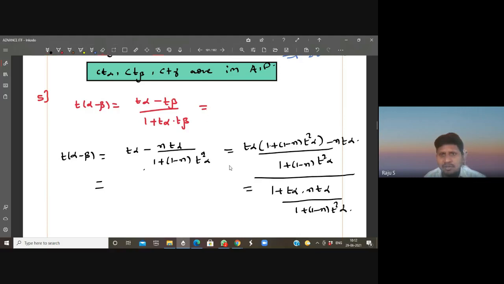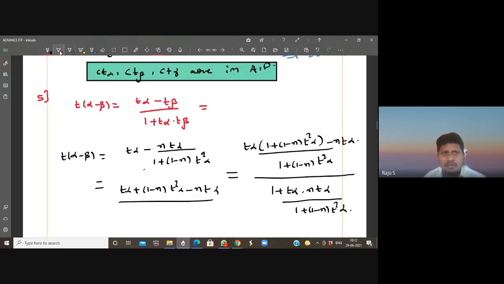Students, all of you simplify this. This is what we got. Then take LCM in the denominator also. So when I multiply here, same as we wrote, tan alpha plus 1 minus n tan square alpha minus n tan alpha by the denominator.